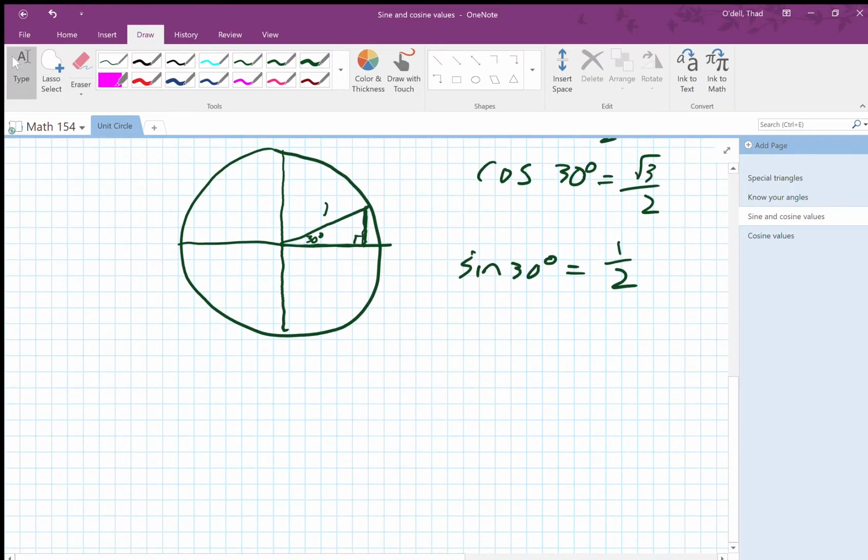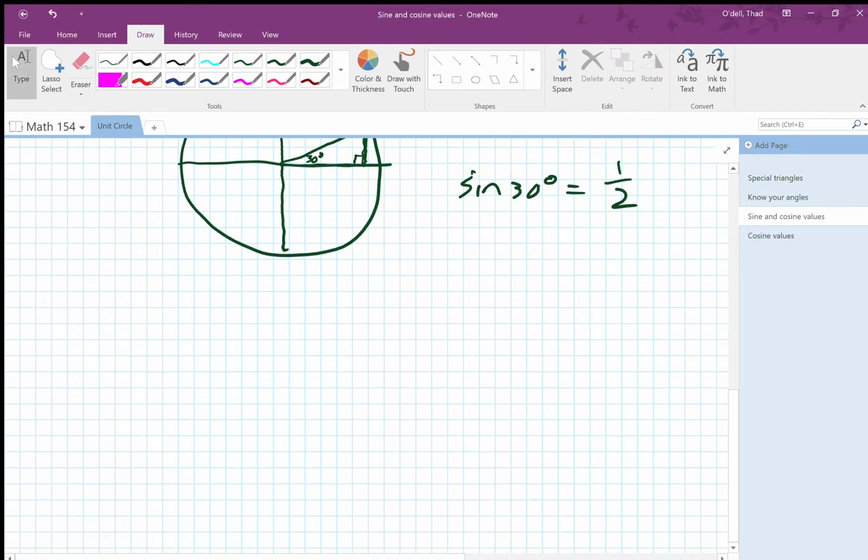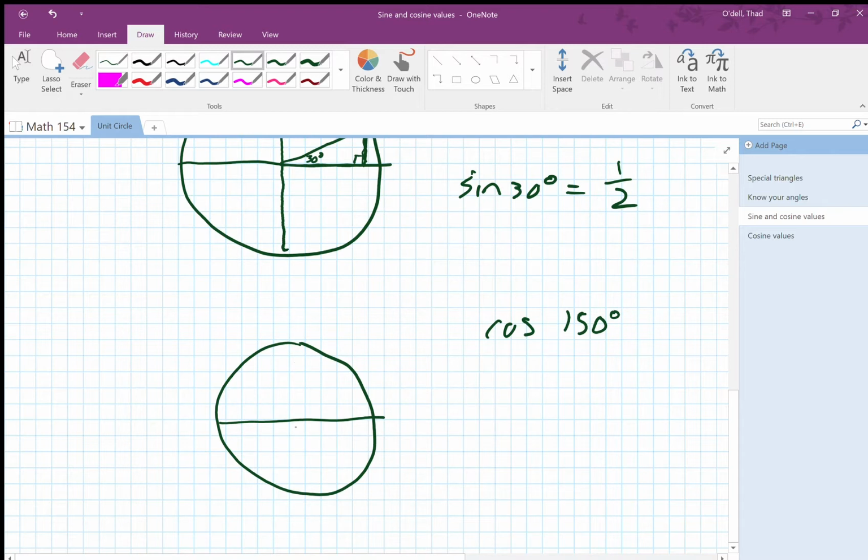And now you can see you can do this with any friendly angle. So for example, if I want to know what the cosine of 150 degrees is, well, 150 degrees is a multiple of 30 degrees, so we should be able to find it. So first of all, we just have to determine where we're at in the circle. We know that all the way around to the negative x-axis is 180 degrees.